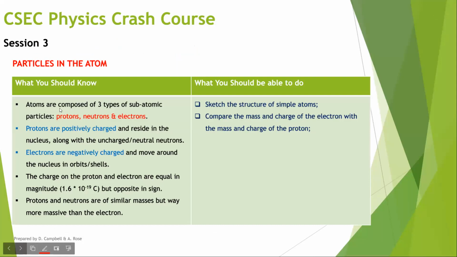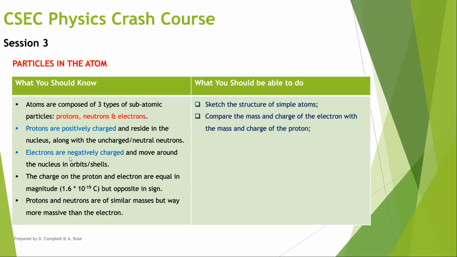Now, we're going to be talking about the different particles that are present in the atom. We know that we have protons, neutrons, and electrons. Protons are positively charged, and they are in the nucleus alongside the neutrons, which are uncharged.